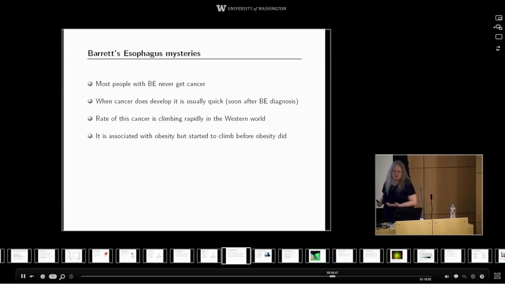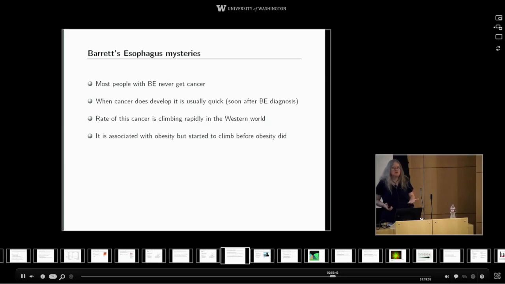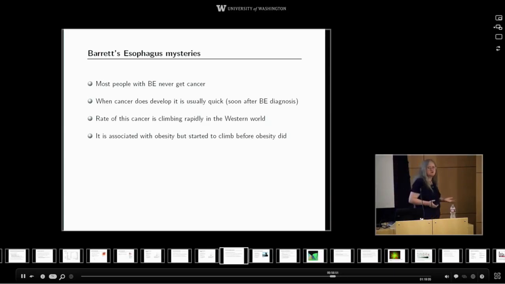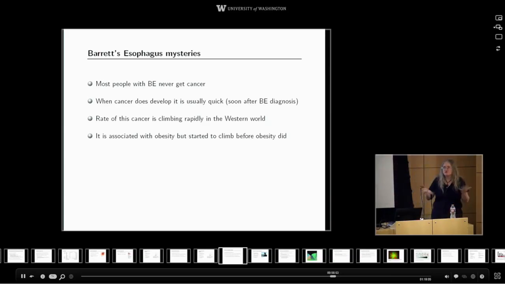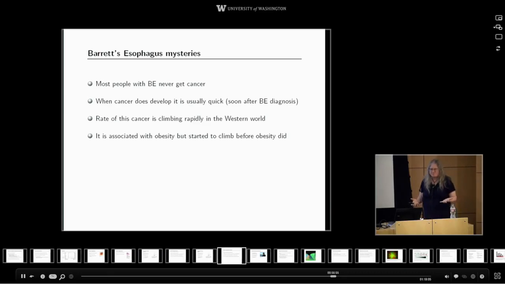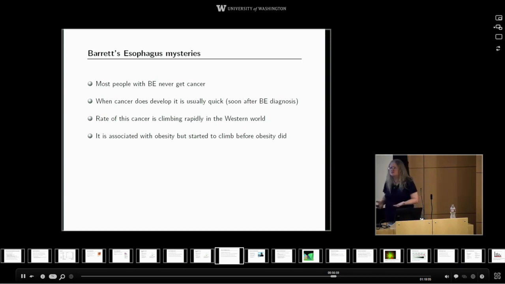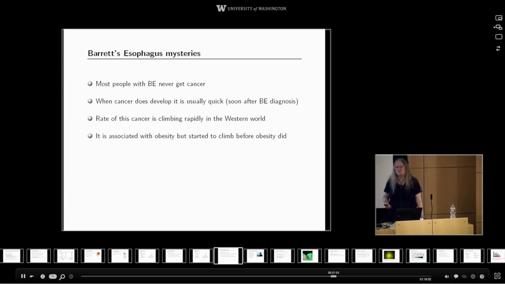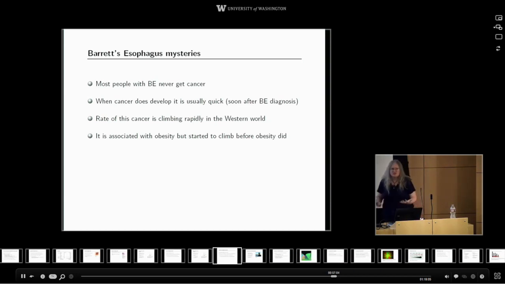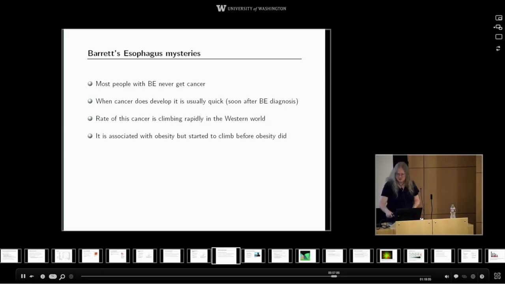The other mystery is that the rate of this cancer is climbing rapidly in the Western world. It's the fastest growing cancer. It's a rare cancer, so we're not in enormous danger from it, but we want to know why it's growing. People suggested it was part of the so-called obesity epidemic, but it started climbing before obesity rates did. So something is going on there that we don't understand.